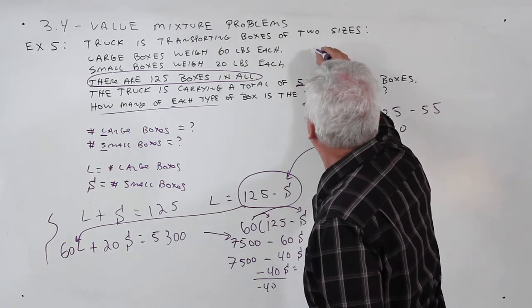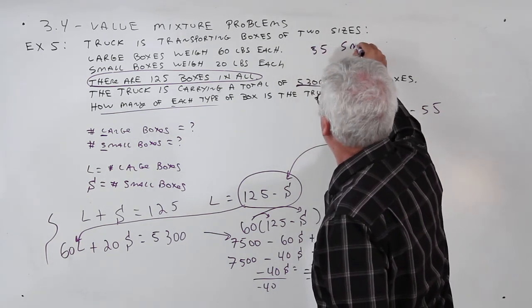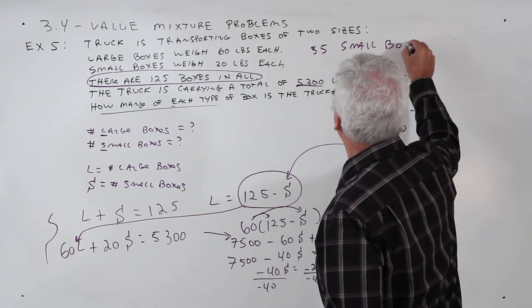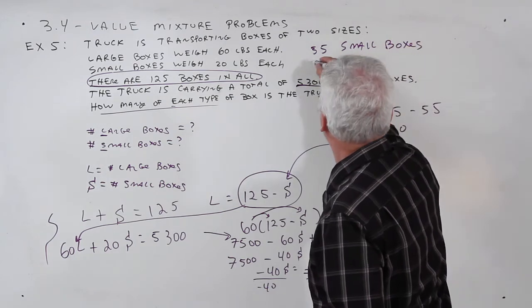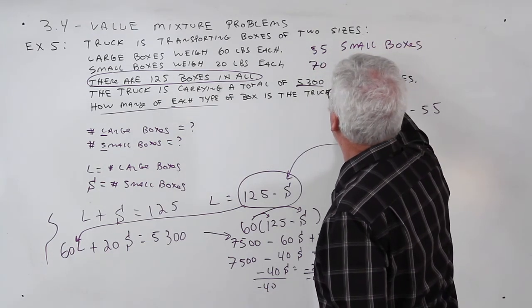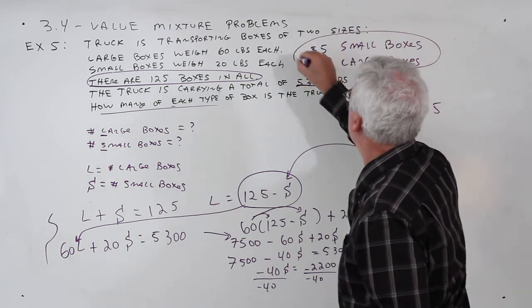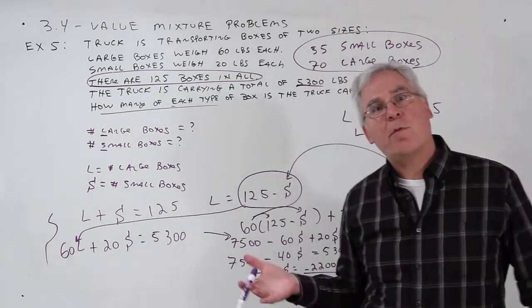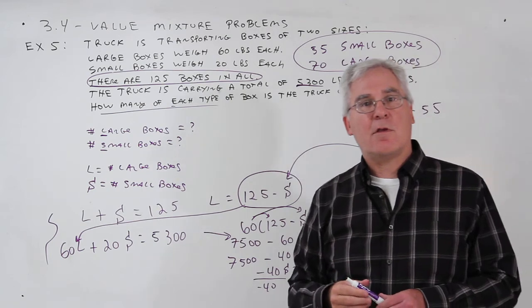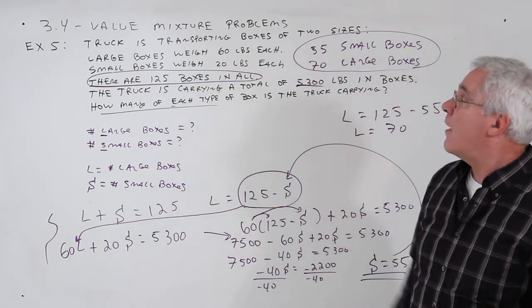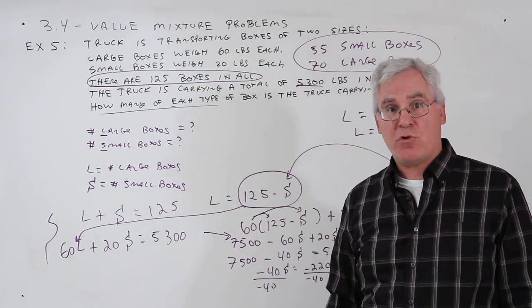So we're going to have 55 small boxes and 70 large boxes. Whew, this will be the toughest lesson in this unit. So there you have it, how to solve value mixture problems.